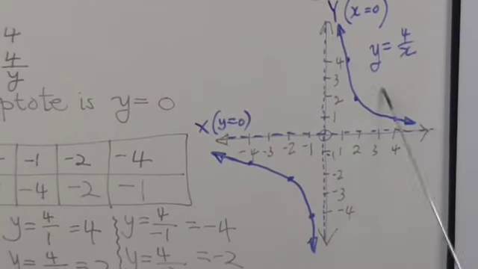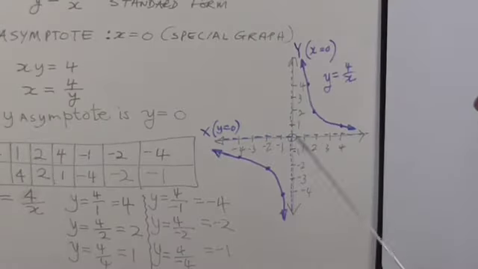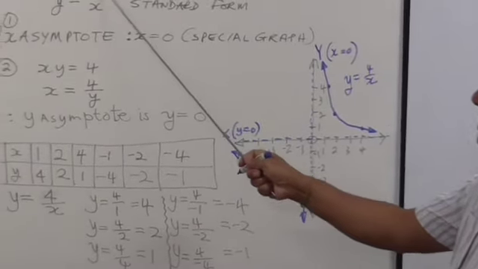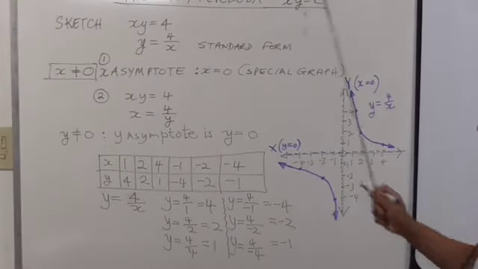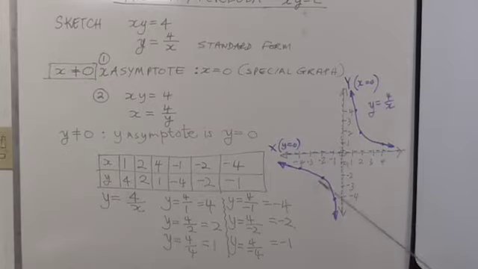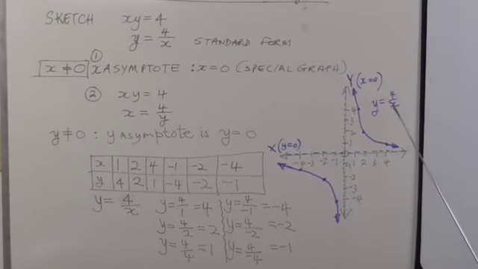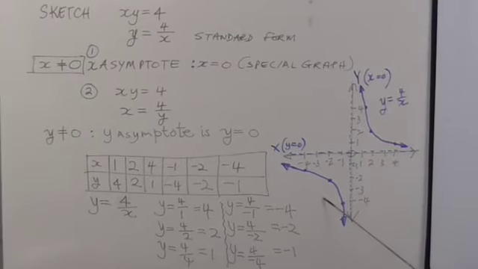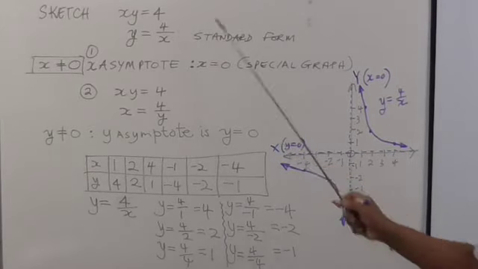There's your graph. So these two arms. Now it's a good observation you must make over here. You see the numerator? The numerator is positive. Watch where the two arms are. When the numerator is positive, the graph will be in the first and the third quadrant. I'll repeat, when the numerator is positive, the graph will be first and third quadrant.